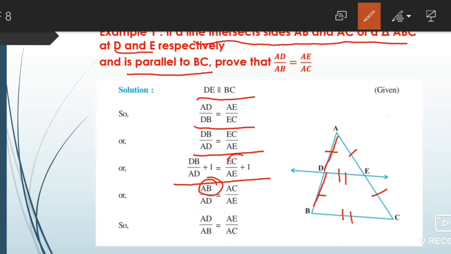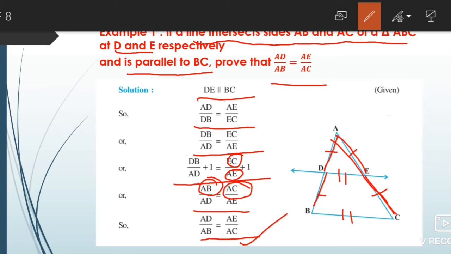Again EC plus AE is equal to AC, so in the numerator I have written AC. That means you are getting AB by AD is equal to AC by AE. In the next line if you take the reciprocal you will get AD by AB is equal to AE by AC, which you have to prove. So our example is proved.